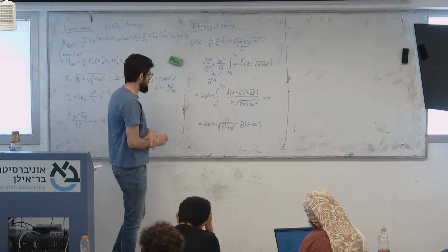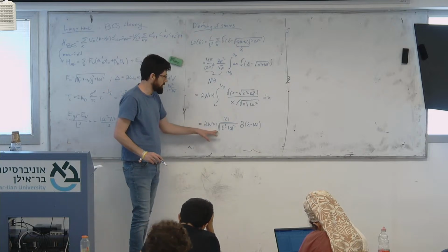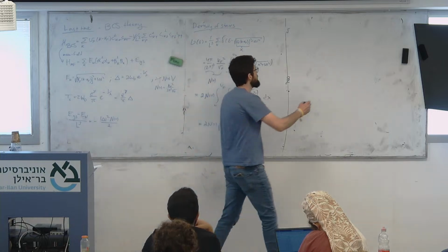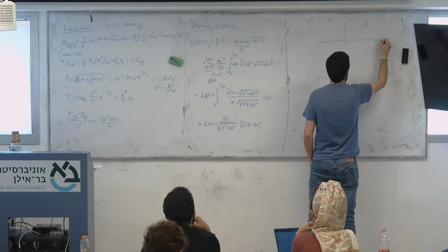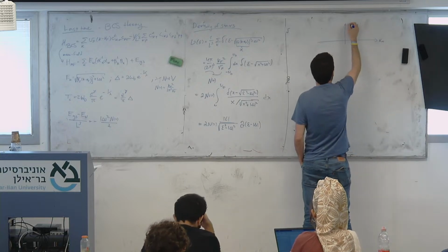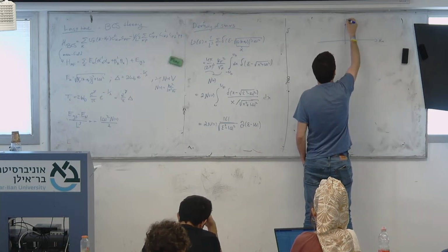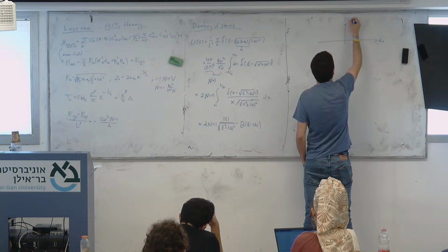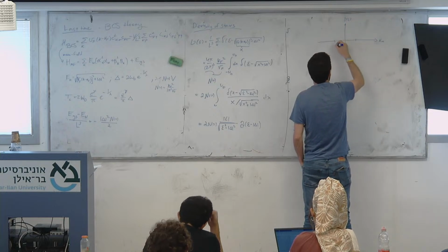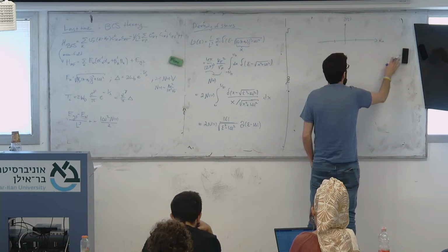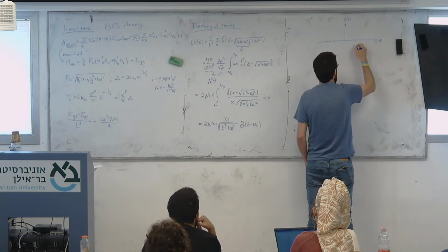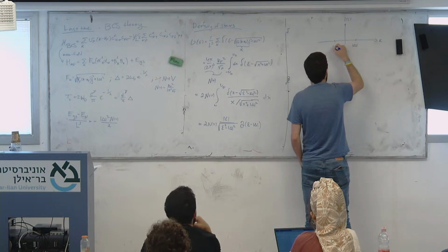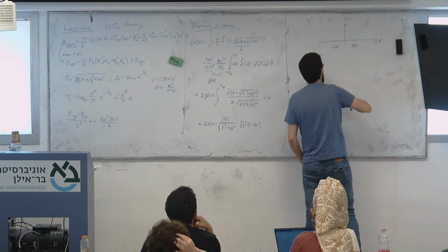So what you can see here is a divergence. It looks like this. Here we have epsilon, here we have delta, here we have minus delta.